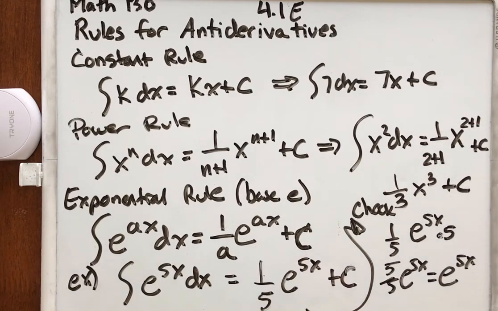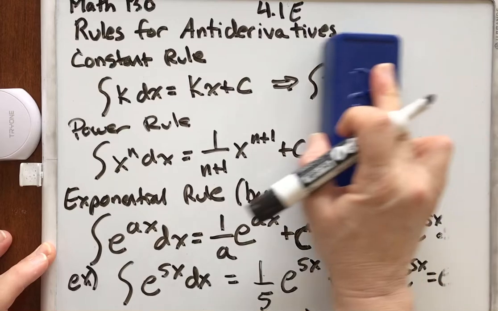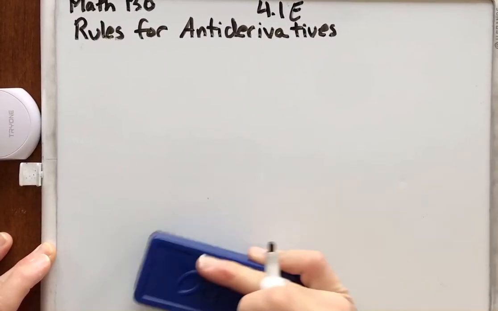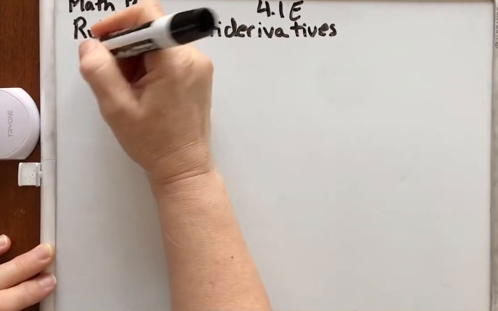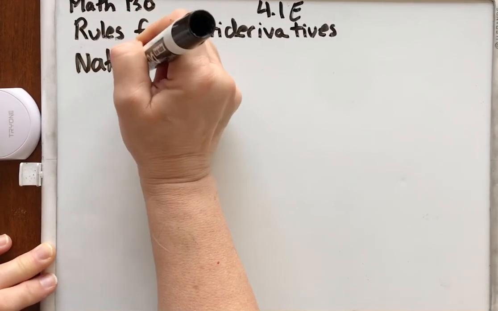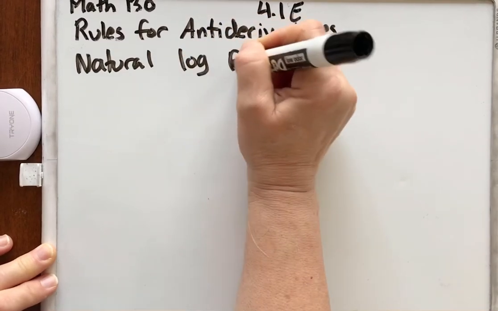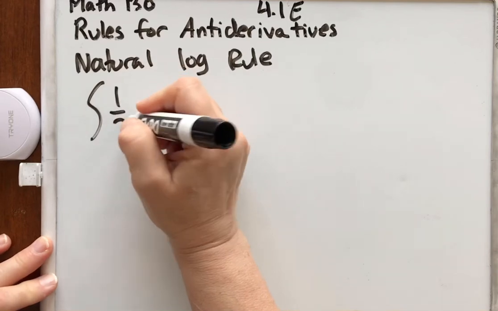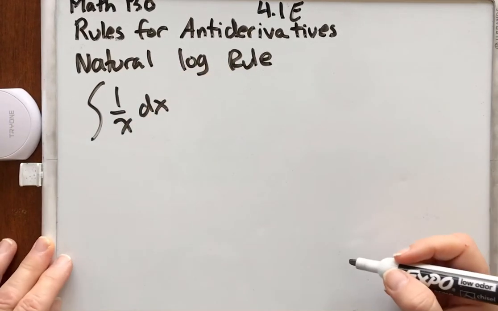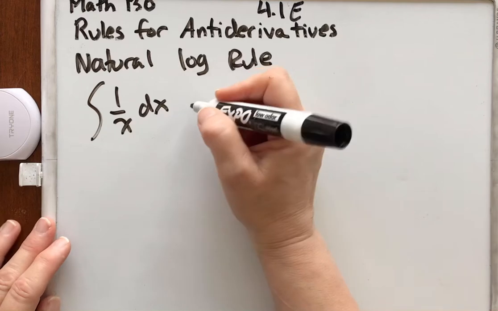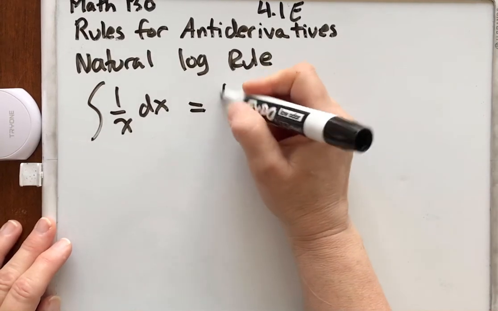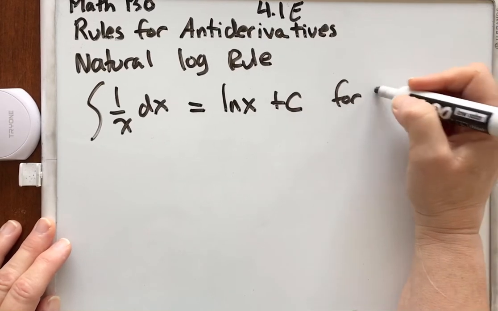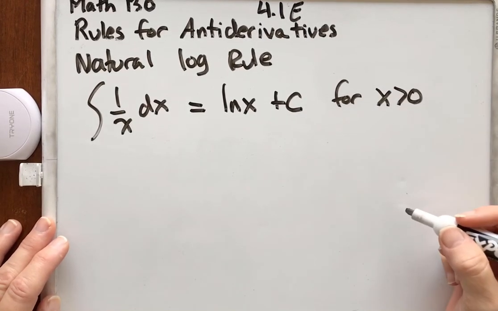Okay, let's do one more rule. This is the last one. This is the natural log rule. If we integrate 1 over x dx, that is going to equal ln of x plus c, and this is for, of course, x greater than 0.